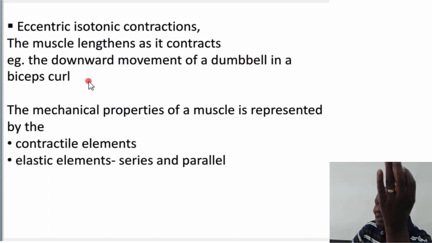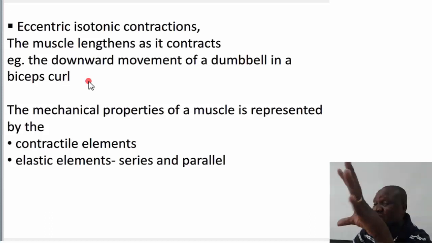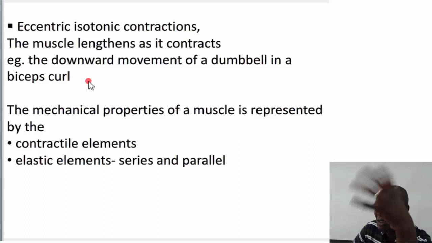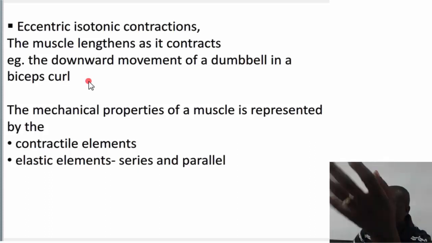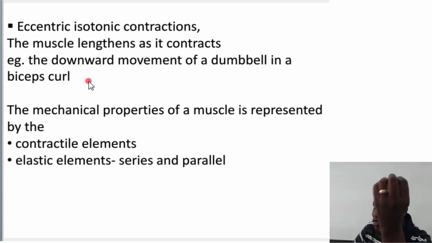Now, we're talking about the muscle either staying the same length when working, or shortening and lengthening. The mechanical properties of a muscle are dependent on the contractile elements present in the muscle, which we've seen as the myofilaments that bring about the sliding filament theory, and the elastic elements.